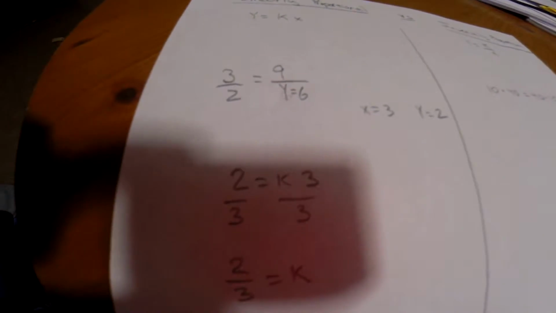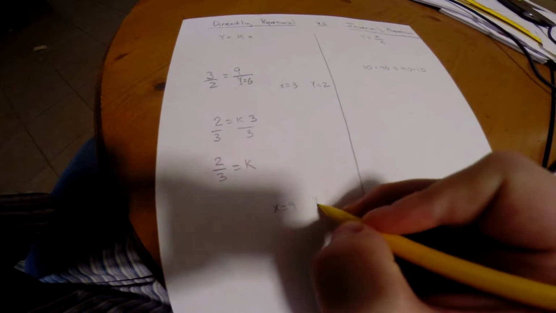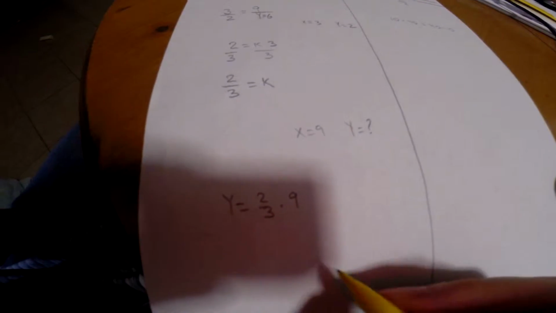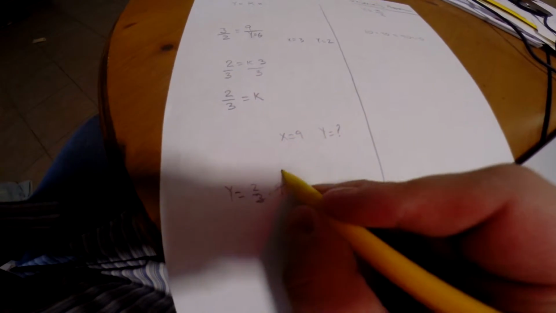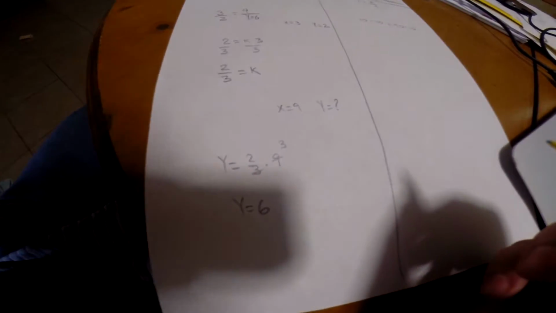So the way this method works is, once I figure out what k is, and the second part tells us that x is 9, what is y? You just substitute in the values again. So y equals k, which is 2/3, times x, which is 9, and then I solve this. 3 goes into 9 3 times, 2 times 3 is 6, and you get the same exact answer.